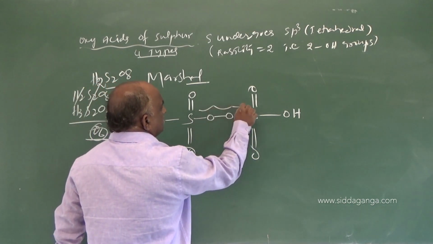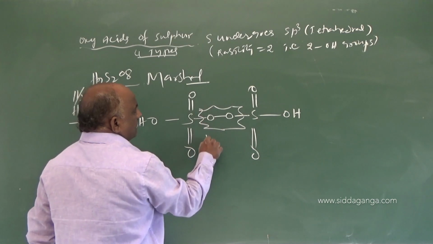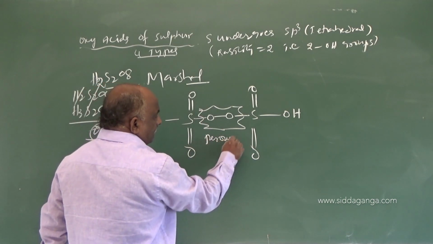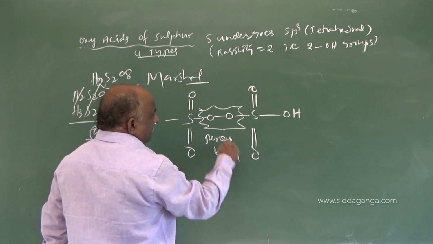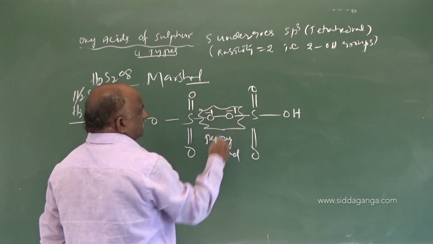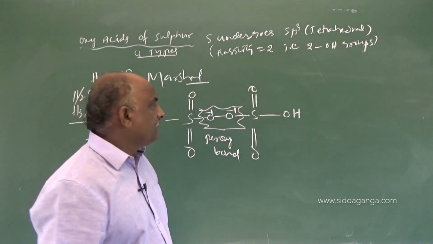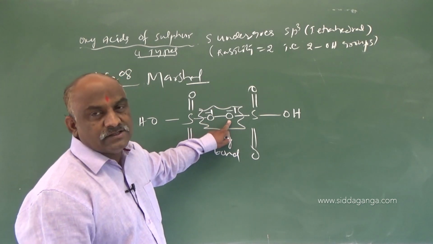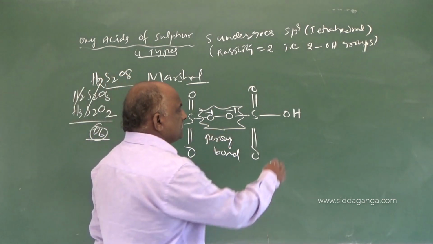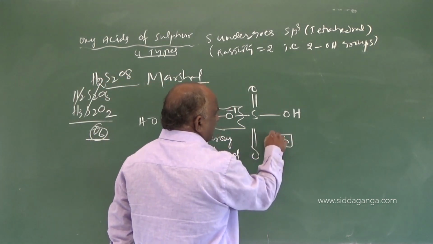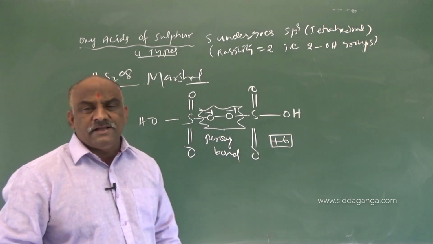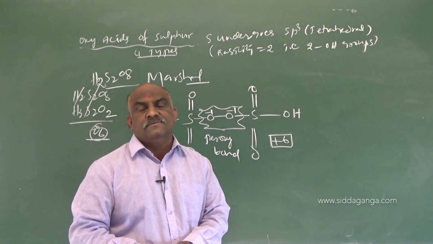This bond is called a peroxy bond. In a peroxy bond, the oxidation number of oxygen is -1. So in this example, sulfur exhibits oxidation number +6.